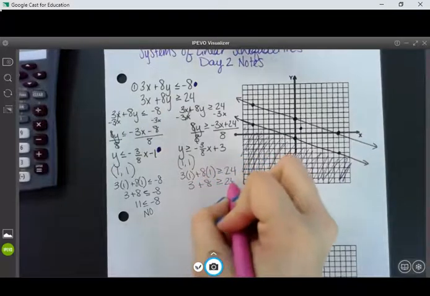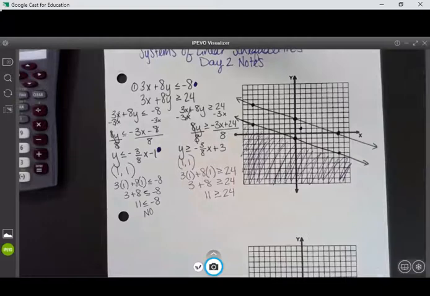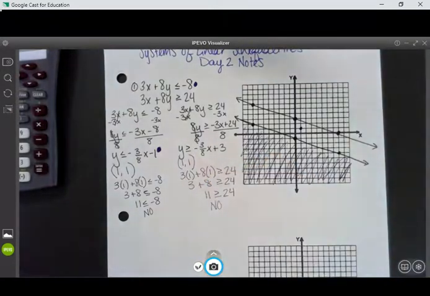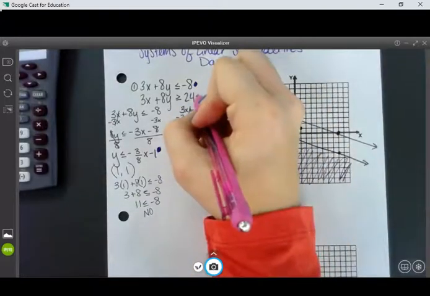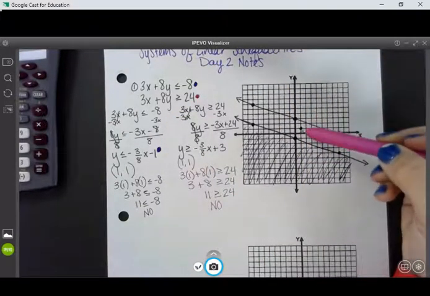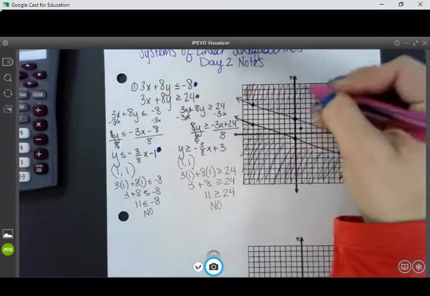It is not hard to do that, but it is required. So 11 is greater than or equal to 24. Again, that is not true. So when I shade in with pink, I'm going to shade on the opposite side of the point 1, 1. So I'm shading up here.